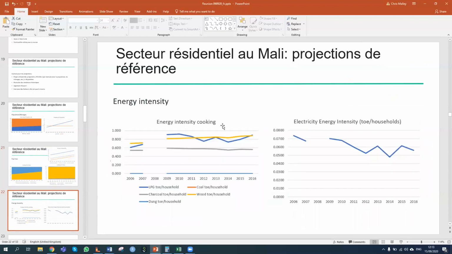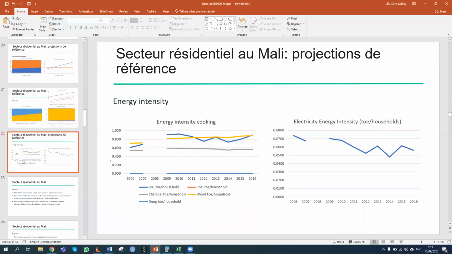For the energy intensities, we also need to project those into the future, but they are relatively flat, relatively stable. So the amount of energy being consumed per household for cooking or for electricity may be expected to stay relatively constant over time.